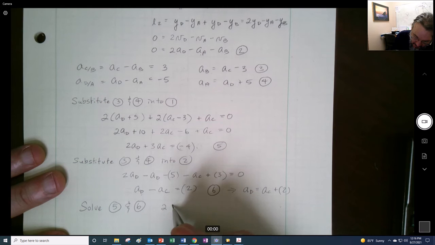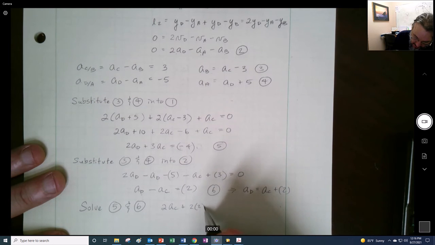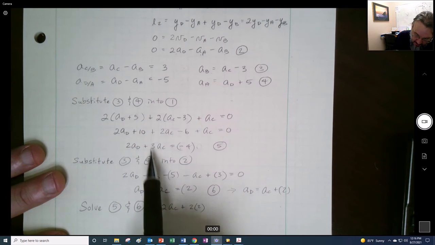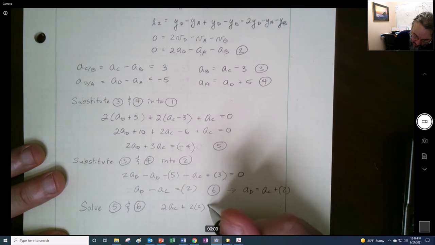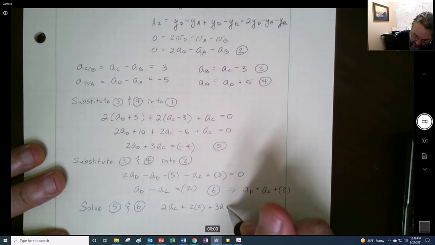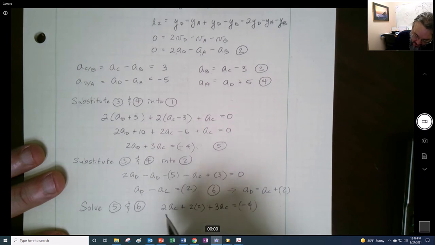So we'll say 2 times AC plus 2 times 2, because we're sticking it into right there, plus 3AC equals negative 4. And I think I can solve for AC now.